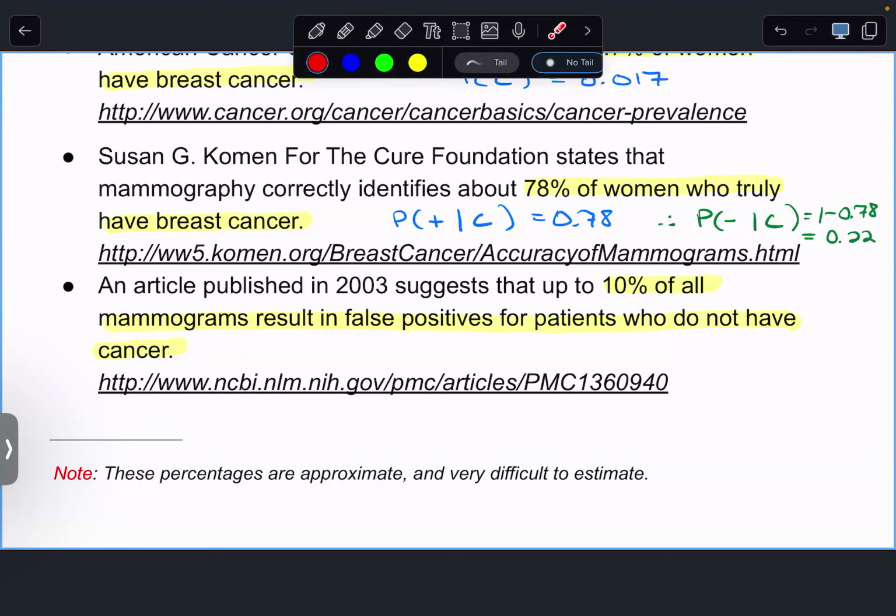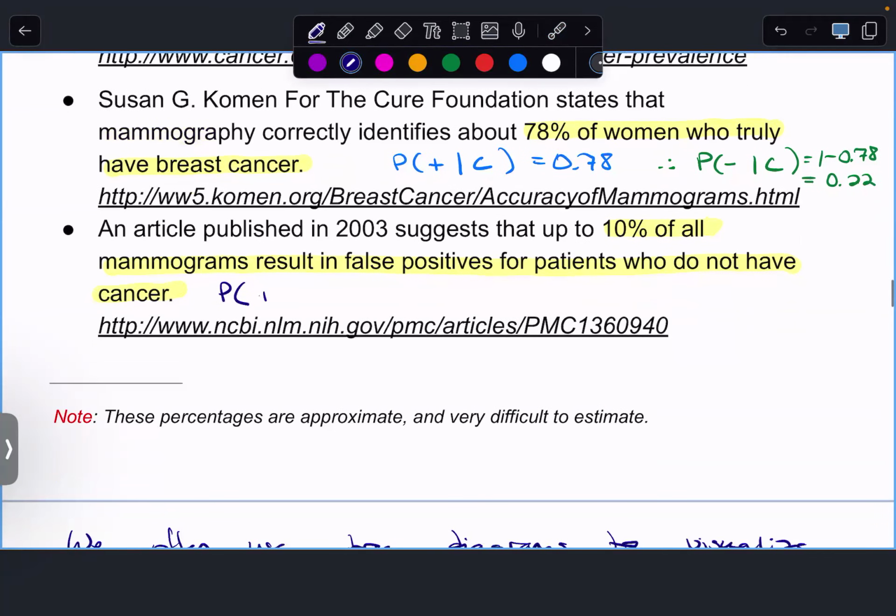And so here, what we're going to call this is the probability of a positive given not cancer, the complement of cancer.